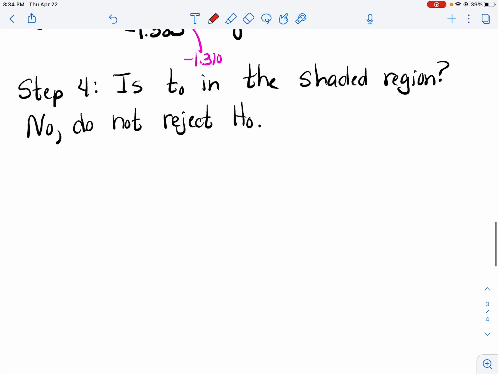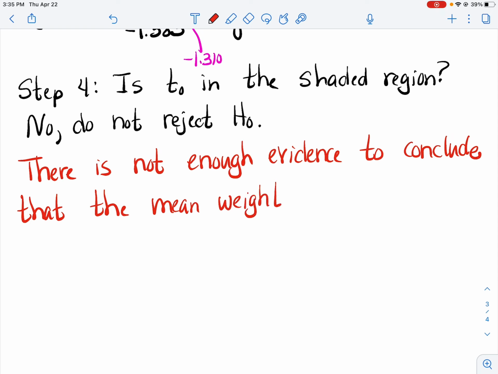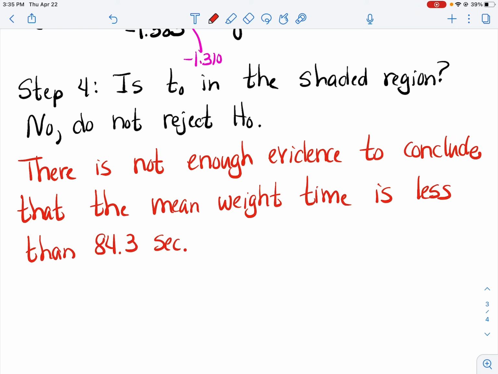Because we do not reject H0, there is not enough evidence to conclude that the mean wait time is less than 84.3 seconds.